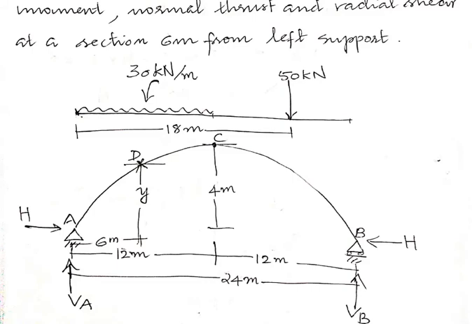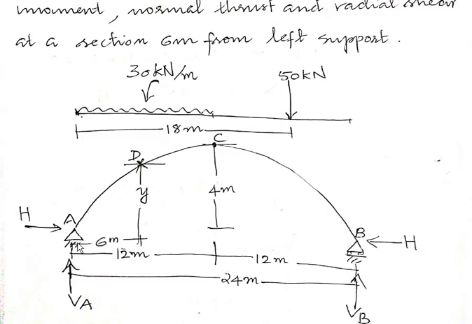So what are the equilibrium conditions? VA plus VB is equal to 30 into 12 plus 50. So that is the first equilibrium condition.